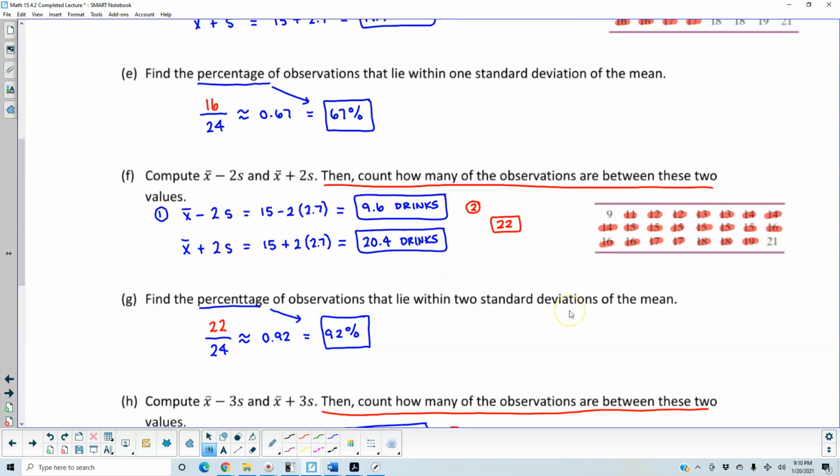Now, what can we say about the values 9 and 21? Since they are outside of 2 standard deviations away from the mean, we're going to call 9 and 21 unusual numbers.